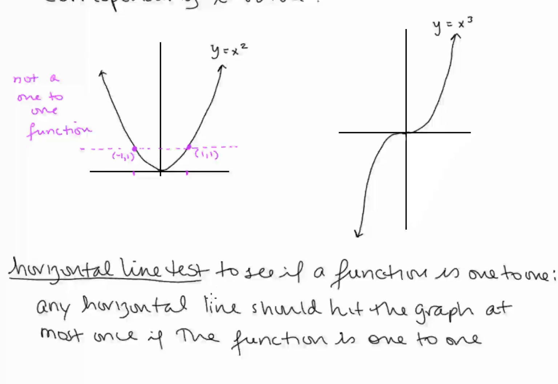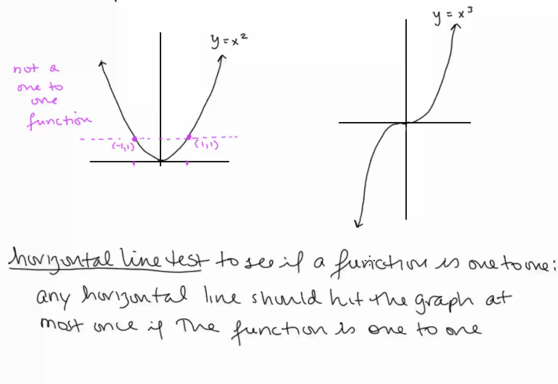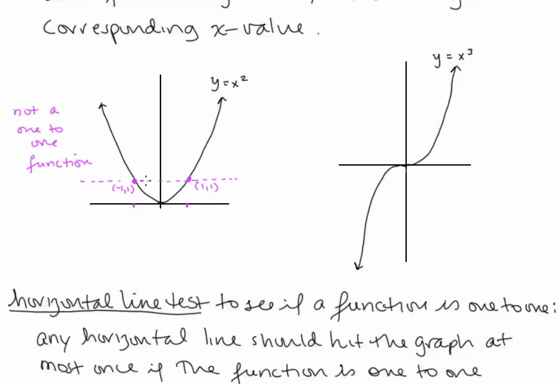That is the horizontal line test. To see if a function is one-to-one, any horizontal line should hit the graph at most once if the function is one-to-one. So we already know that it's a function, we just want to see if it's a one-to-one function, we use the horizontal line test. Because this graph has at least one horizontal line that hits the graph more than once, we know it's not a one-to-one function.